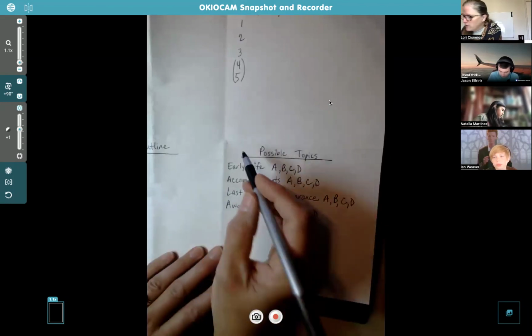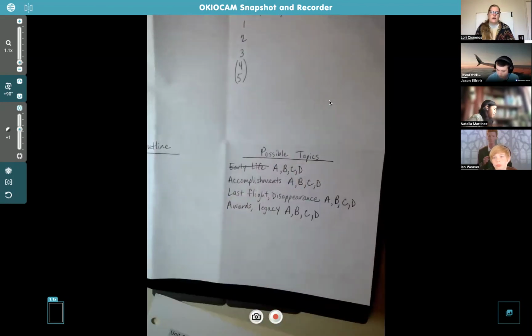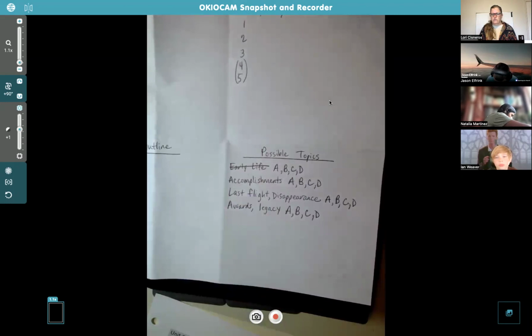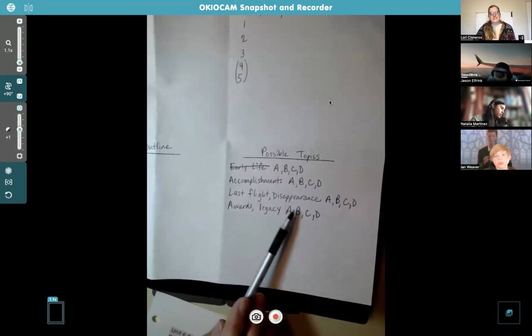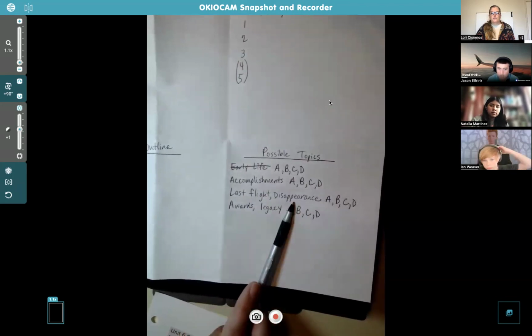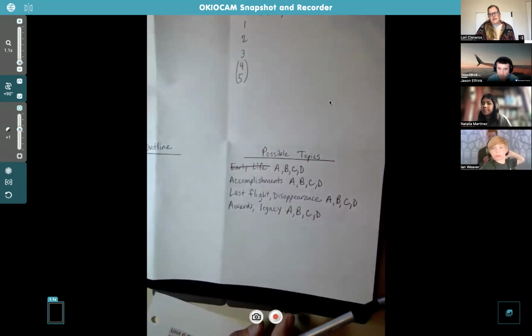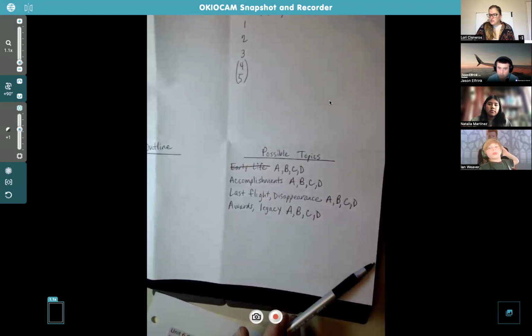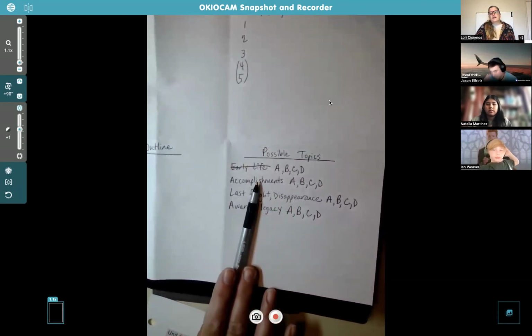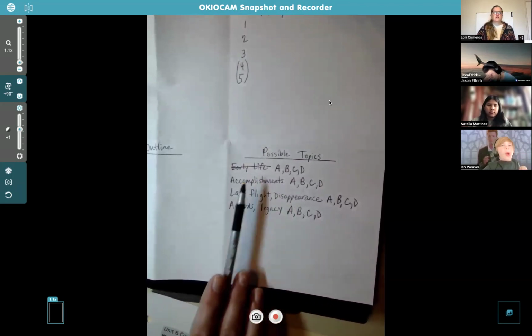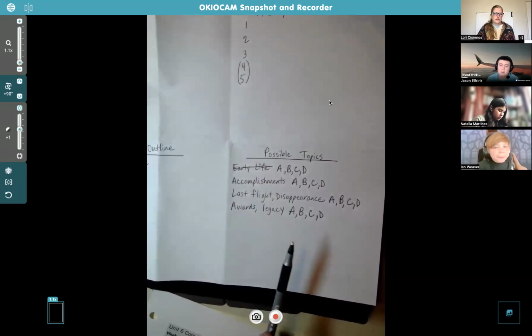And we already did early life, so we can just cross out early life. Now you have 3 left, but you only have 2 paragraphs left. So I think it makes sense for this last flight and disappearance to be the last paragraph. So I'm thinking the next paragraph could be accomplishments, and then we just won't do awards and legacy.